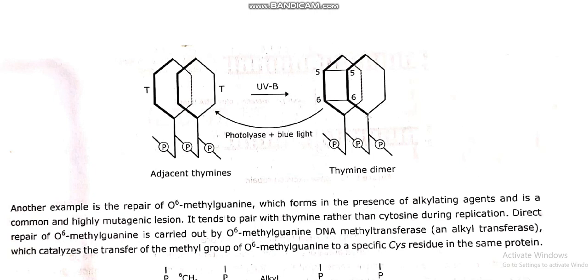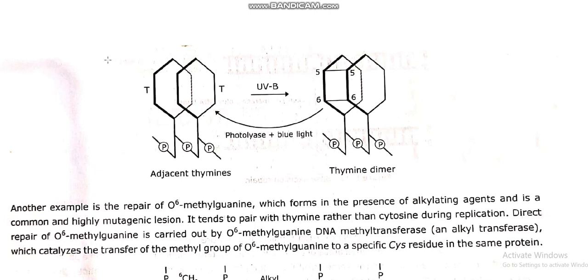So what will be the unusual property of this thymine dimer in a particular DNA? If a thymine dimer is there, this will hinder replication. This will deviate the process of replication, transcription, and translation.